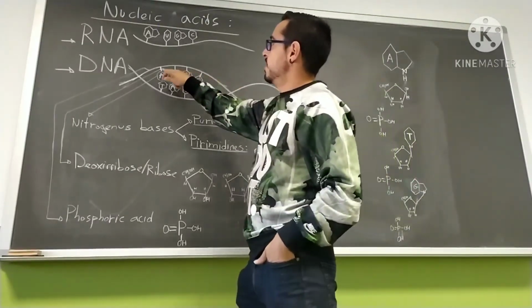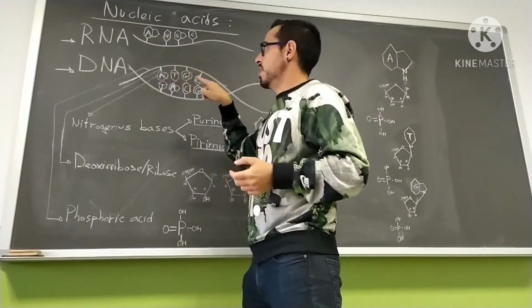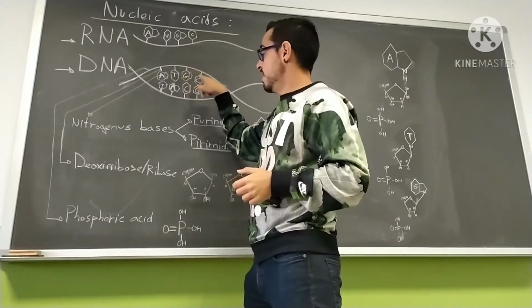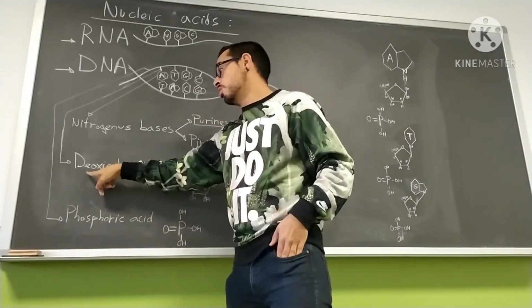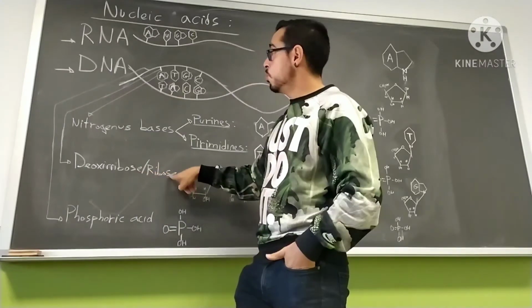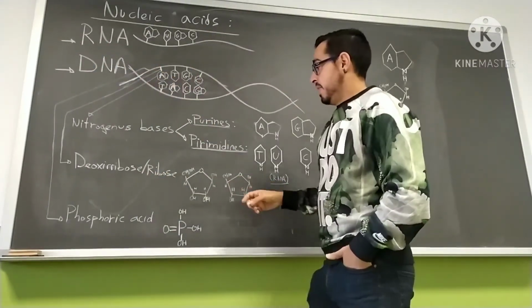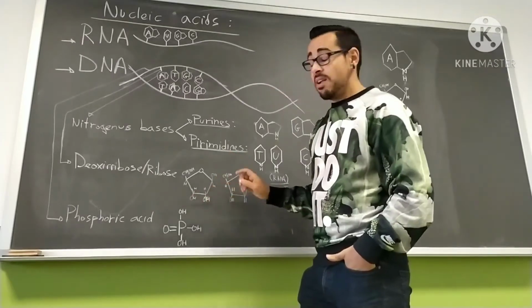Then we have these sticks. You told me in class that these were sticks. Those sticks are deoxyribose in the case of DNA or ribose in the case of RNA. This one is the ribose.